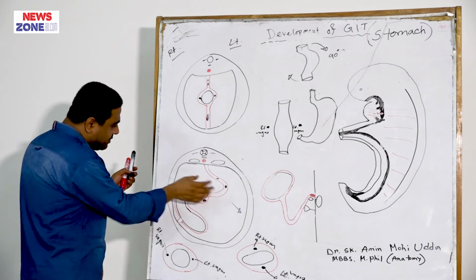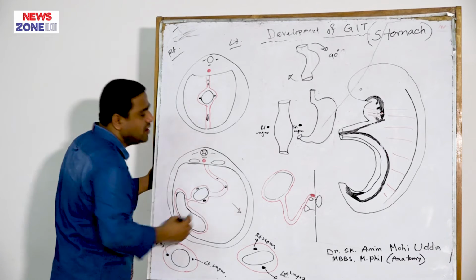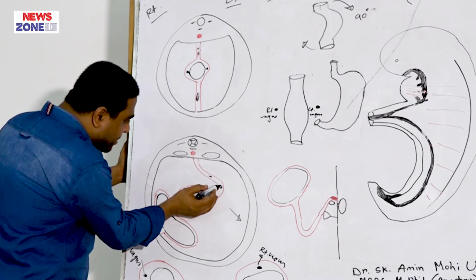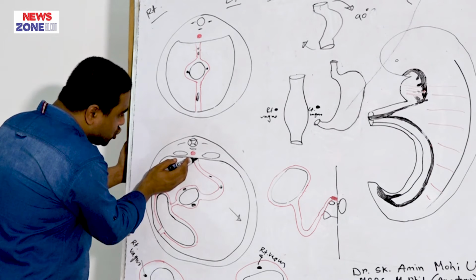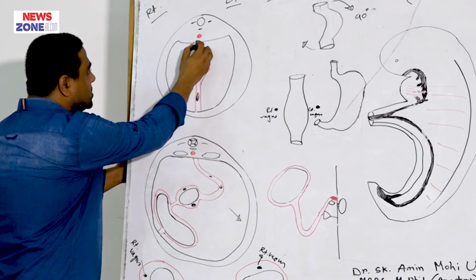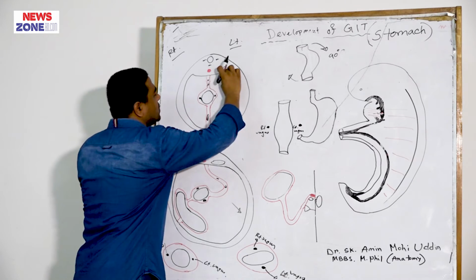And in this dorsal mesogastrium, now there is the spleen. Now the spleen, together with the portion of the dorsal mesogastrium between the spleen and the posterior body wall, also shifts, or swings, to the left side.